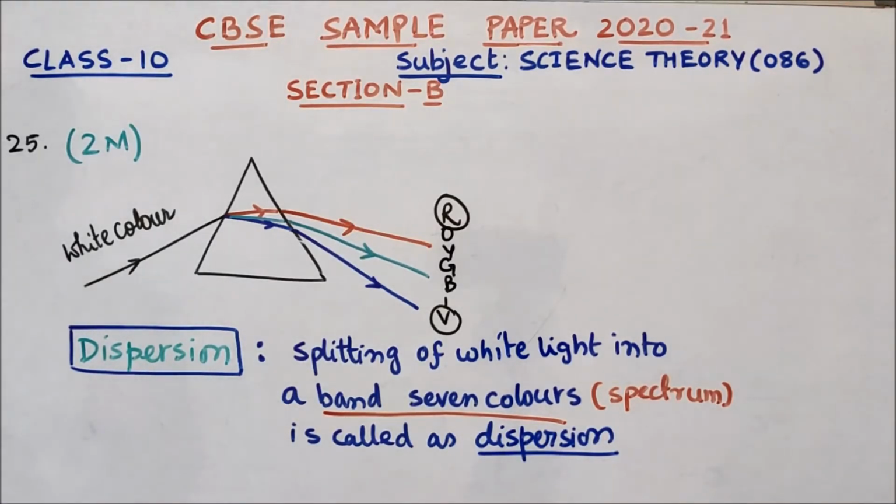So the splitting of white light into a band of 7 colors is called dispersion.